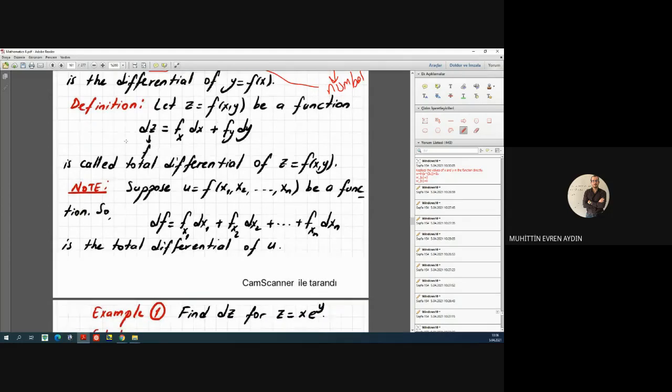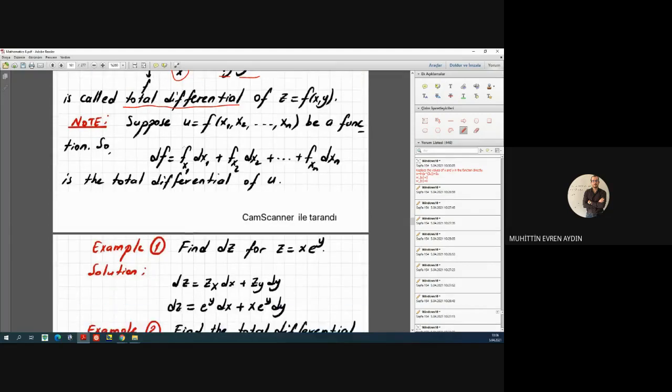Okay, for a two variable function, the word differential is replaced with total differential, and it is defined as the derivative of f with respect to x multiplied by dx, which is a number, plus f_y dy.